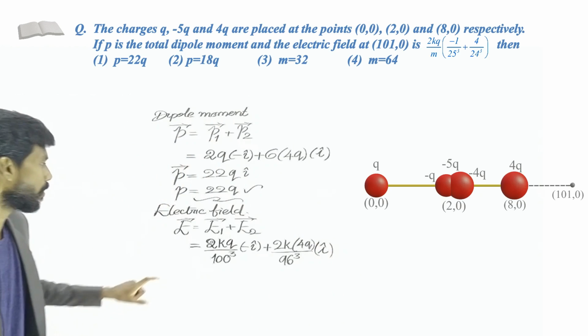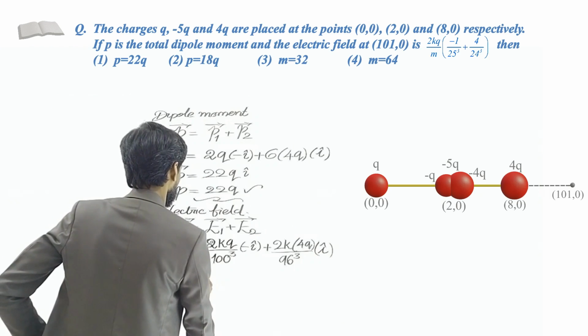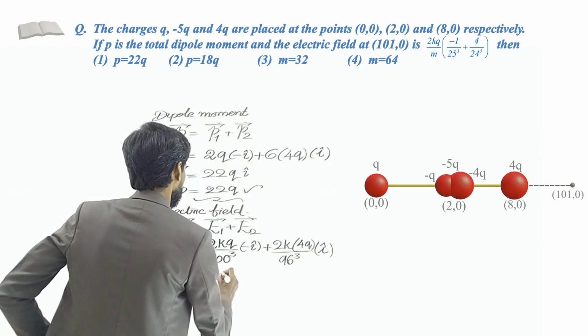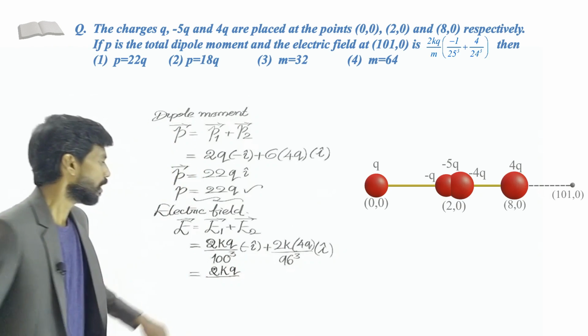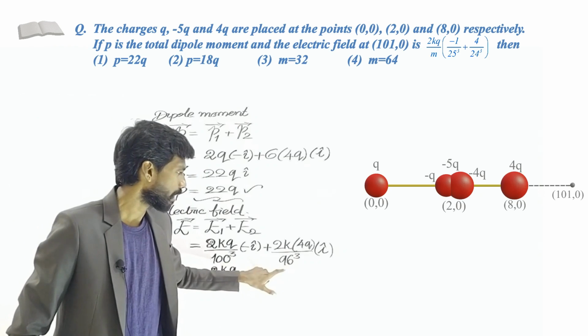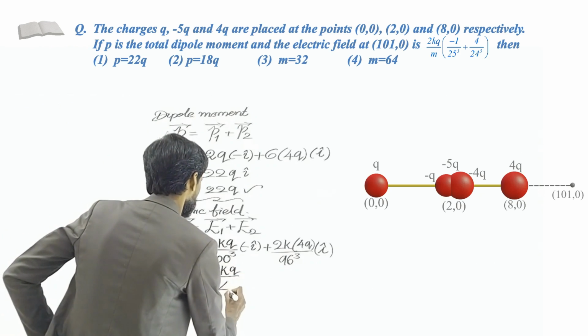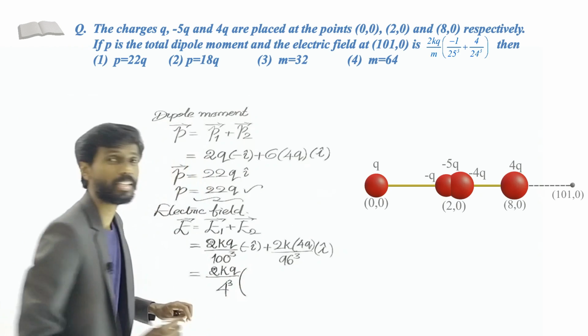So we have to simplify this. Let us take the common factor. 2kp can be taken as a common factor, and then this is 100 cube and this is 96 cube. So 4 cube can be taken out. I am writing only the magnitude now.